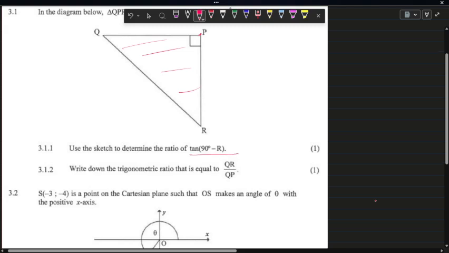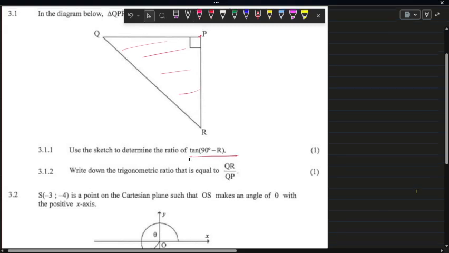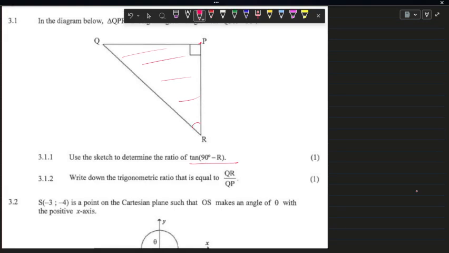Then they say to use the sketch to determine the ratio of tan of 90 degrees minus r. So this is angle r, and they want tan of 90 degrees minus r. In other words, they are looking for tan of angle q, because this angle plus this angle plus that angle will give us 90 degrees.